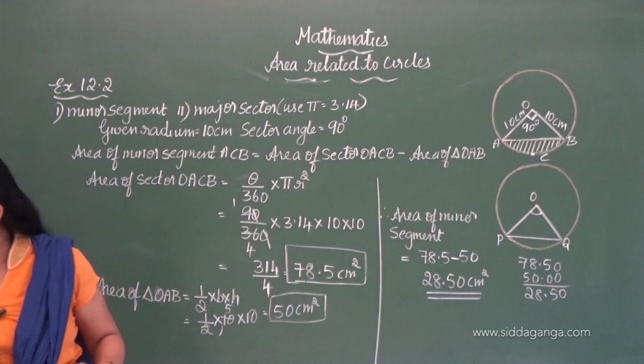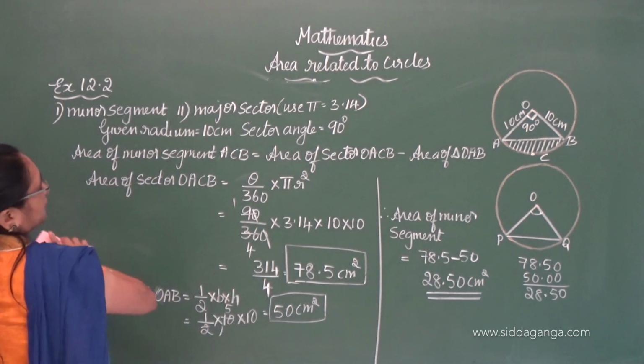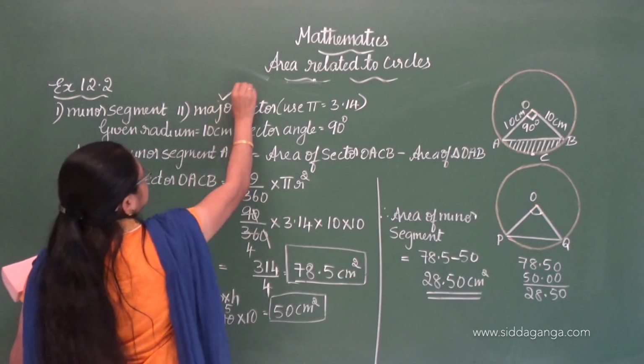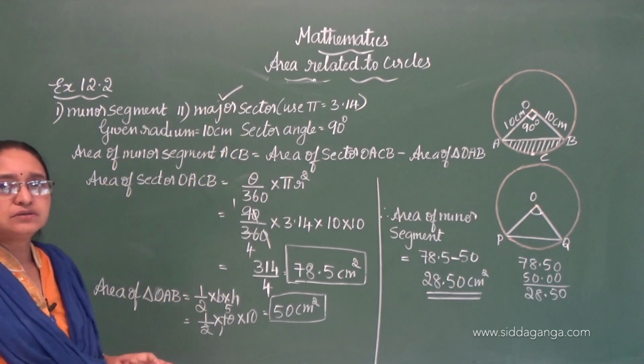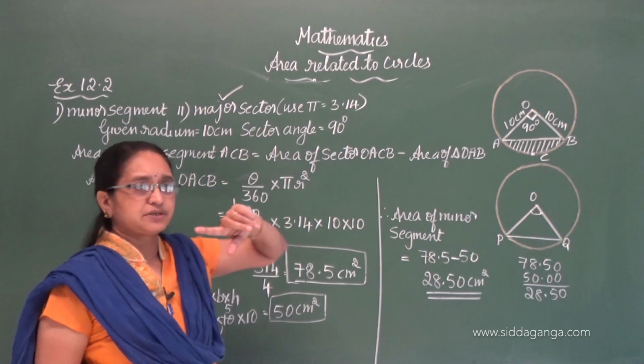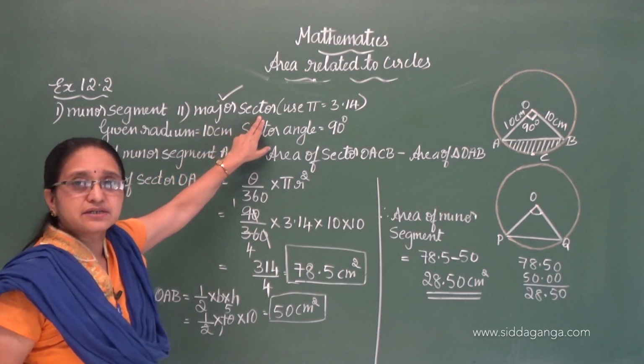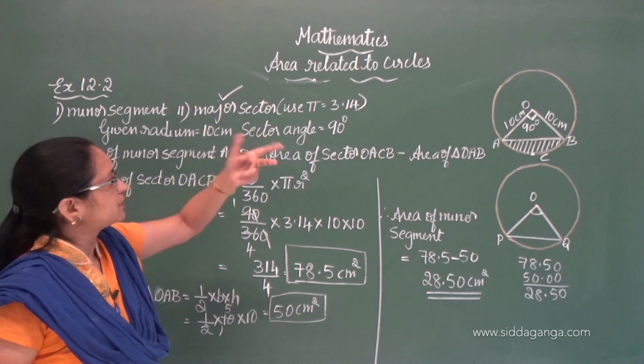Okay. So here we completed one part of the problem now. So what is the next part? So this is the major sector. We have to find out the area of the major sector. Here one thing you should note. To find the area of the sector, I told you two methods.